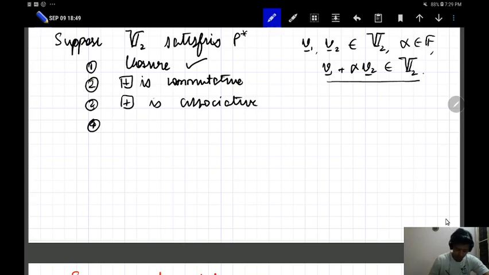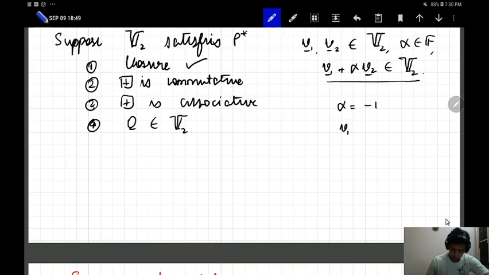What else do we need to satisfy? There has to be the additive identity belonging to V2, and we've seen that if we take alpha to be equal to 0, then okay, or there's another way to prove this. You can take alpha to be equal to -1, that is the additive inverse of the unit element.